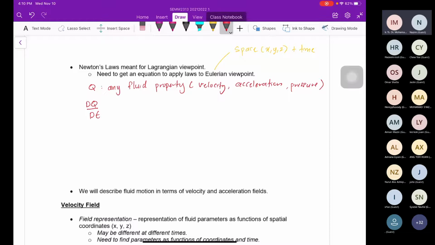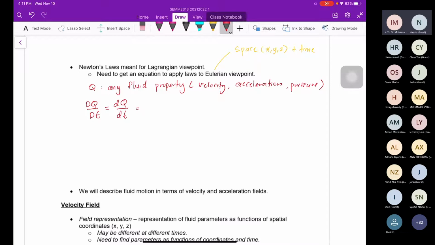Now we need to convert it to the Eulerian one. The capital D and the small d are basically the same. Sometimes people call D the material derivative or total derivative. It doesn't matter; the most important thing is that it is the same.